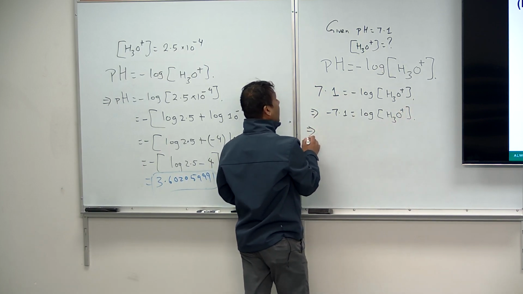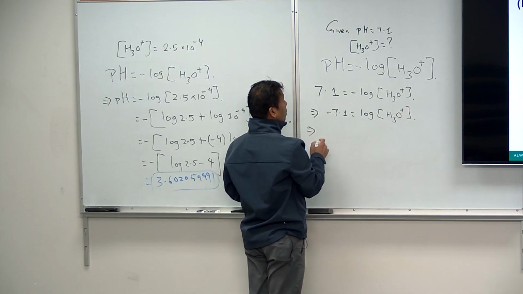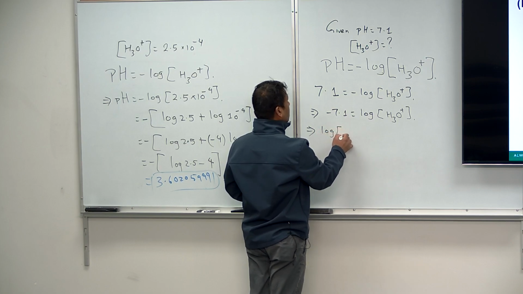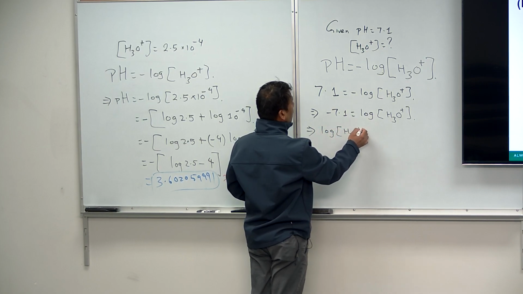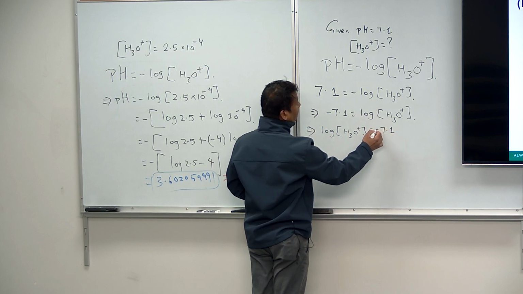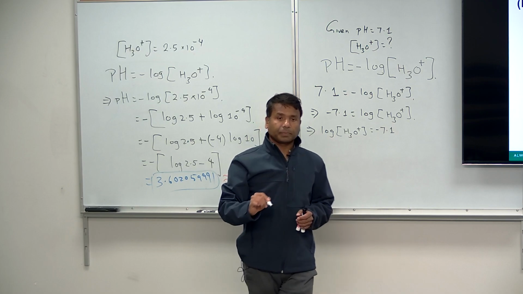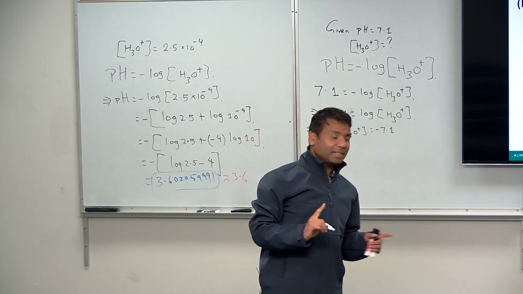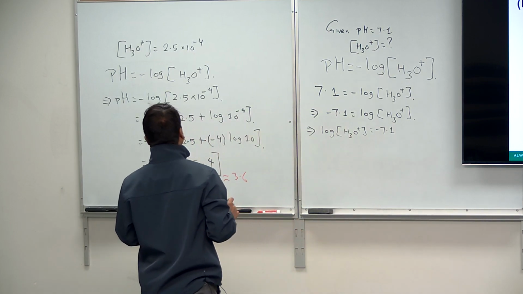And this is equivalent to the logarithm of H3O plus equal to negative 7.1, right? Are you with me?